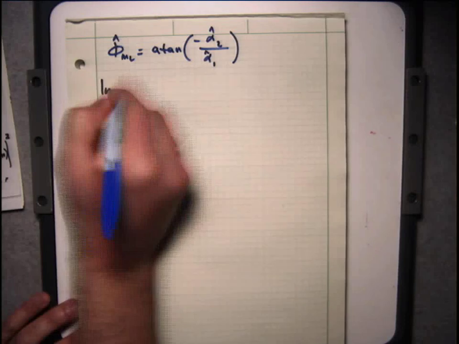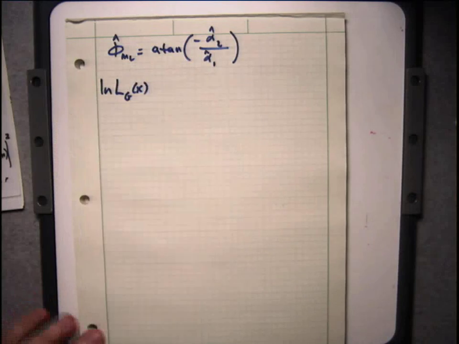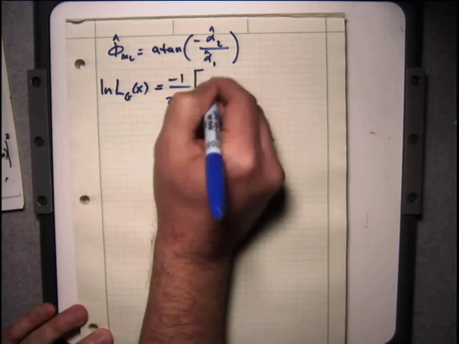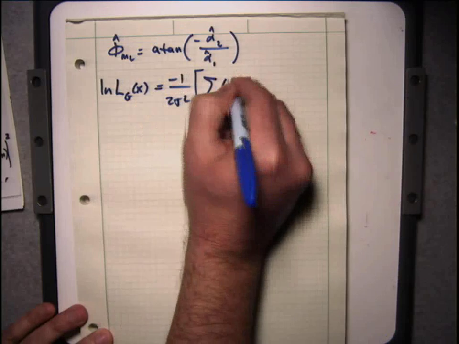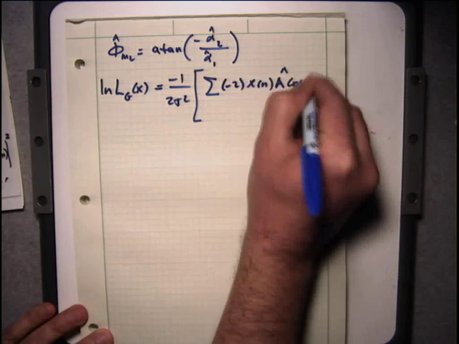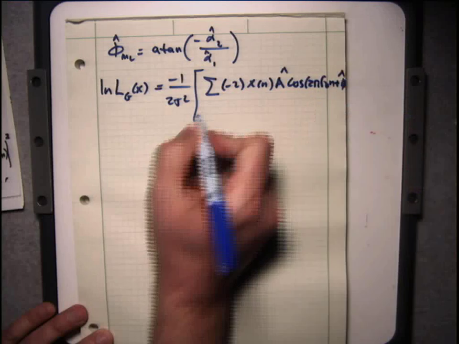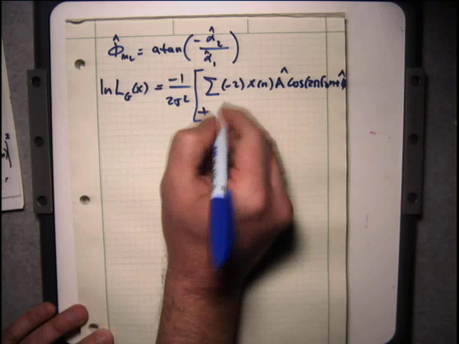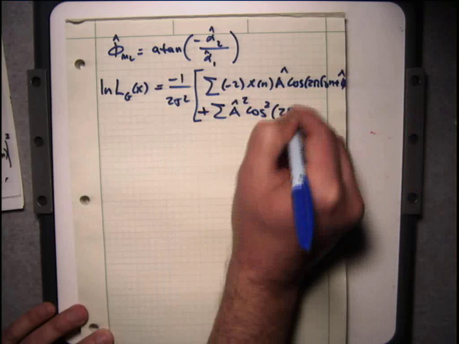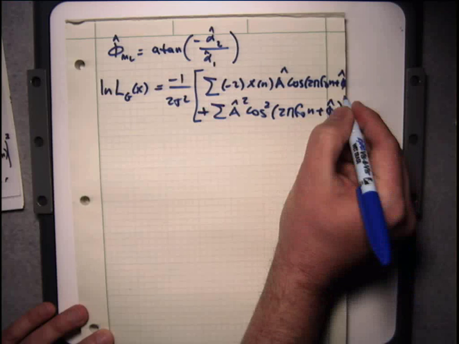So the log of the generalized likelihood function, this is the likelihood function with the maximum likelihood estimates plugged in, is minus 1 over 2 sigma squared times the sum of minus 2 x[n] A hat cosine(2 pi f0 n plus phi hat), plus the sum of A hat squared cosine squared(2 pi f0 n plus phi hat). Okay, this whole thing.